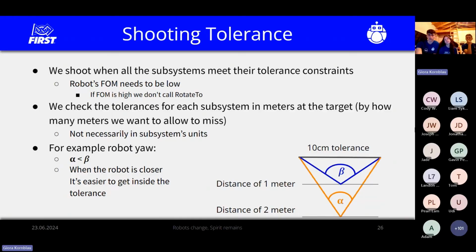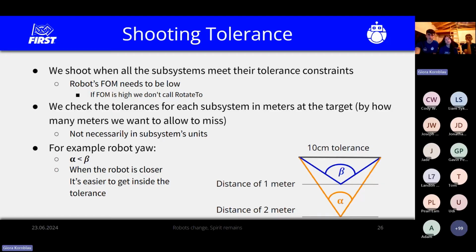But if we are further, you see that the angle tolerance gets smaller. So we are putting more constraints on when we are shooting in order to minimize the misses that we have.